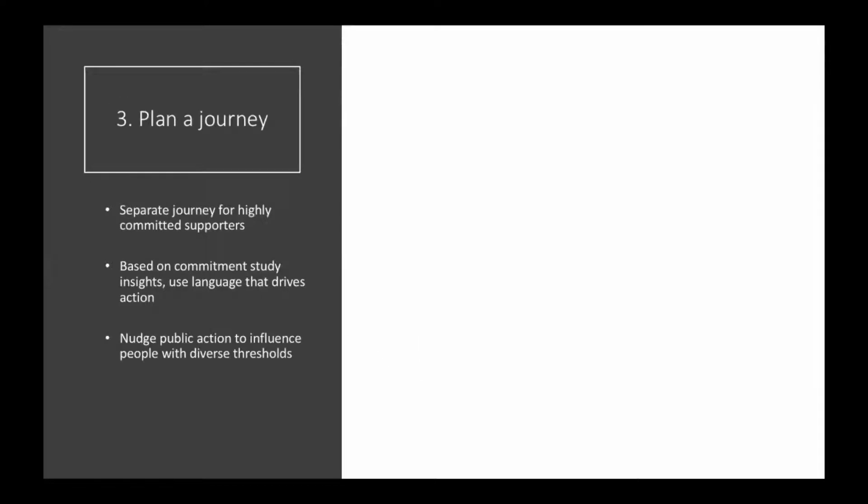And that's exactly what step 3, the final step, is doing. So you need to create a journey specifically for highly committed supporters, and you need to tailor the journey based on their identity and use the language, communications and touch points that you found increase their commitment based on the insights work that you've done, and then nudge them to take an action.